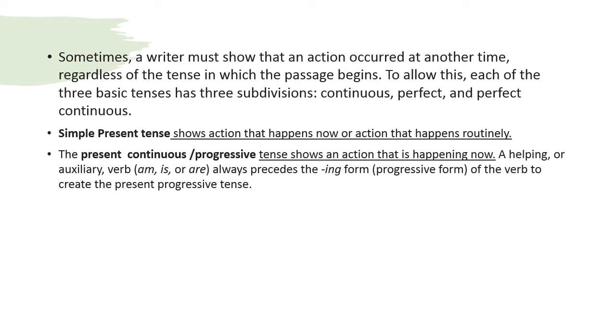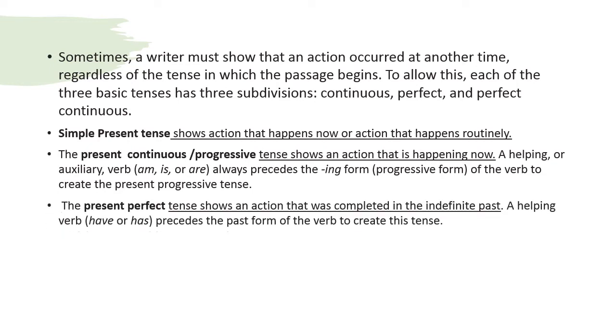So whenever we talk about actions happening just now, we use helping verbs to denote it. And the helping verbs are generally forms of the be verb, that is am, is and are. And they always precede the ing form of the verb to create the present continuous tense or the present progressive tense.